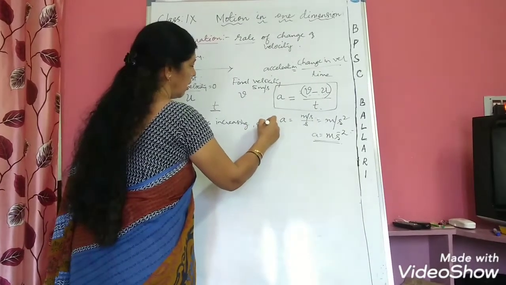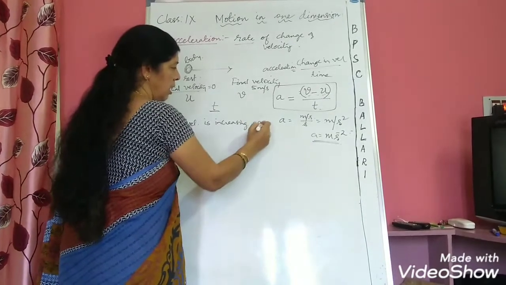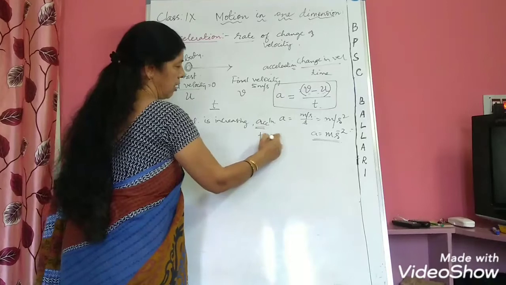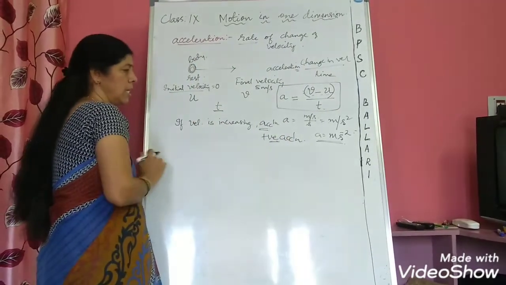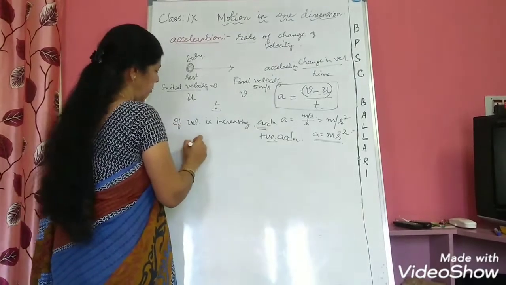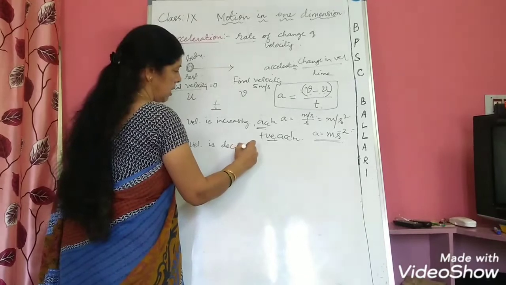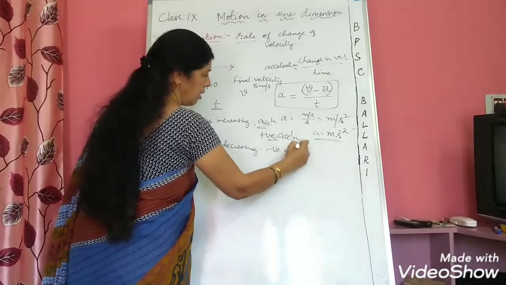The body will have acceleration, and this acceleration is called positive acceleration or just acceleration if the velocity is increasing. Sometimes velocity can be decreasing also. If velocity is decreasing, then the body will have negative acceleration.